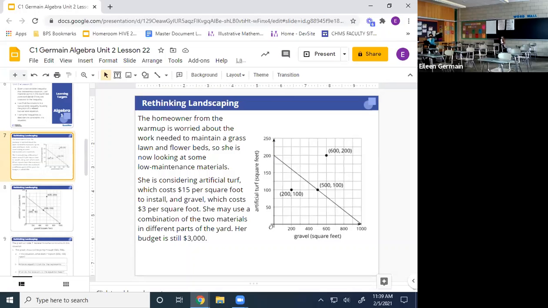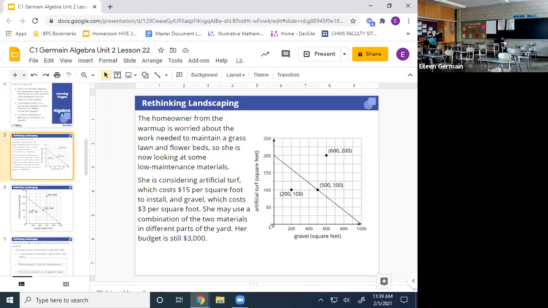So she's now looking at some more low maintenance materials. She's like, it's beautiful, but it's a lot of work. I'm not at home. I can't water my grass in the summer. There's a water shortage. She lives in California. Let's say that. So now she's looking at some more low maintenance materials.